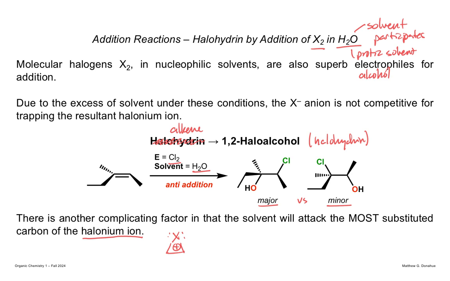Now the X anion is not there in a great concentration because there's more nucleophilic solvent around, and that's what ends up trapping the halonium ion. We'll write that out on the next slide to show why there's a difference with these solvents.